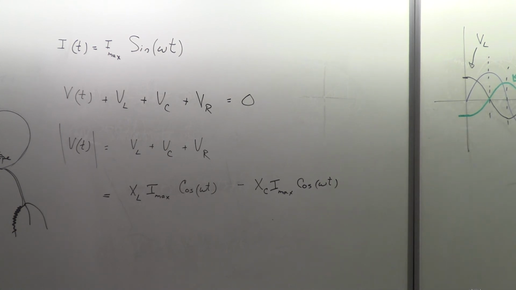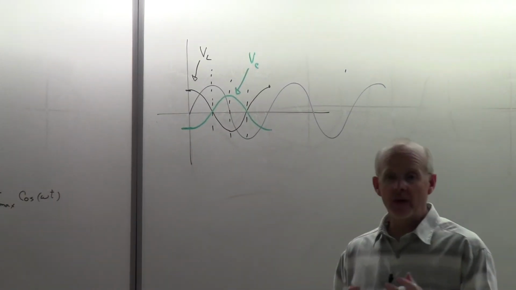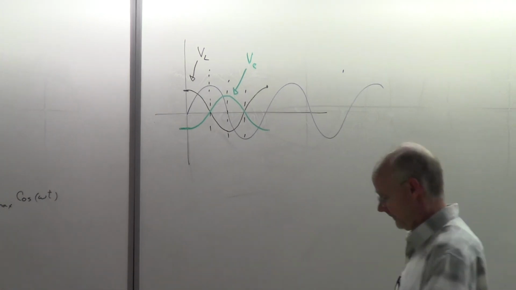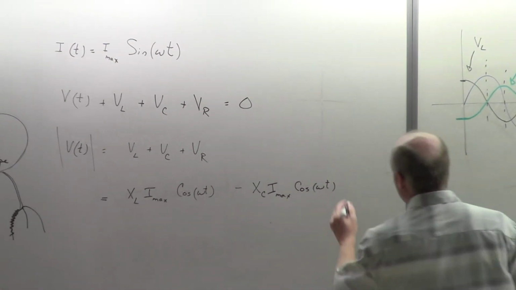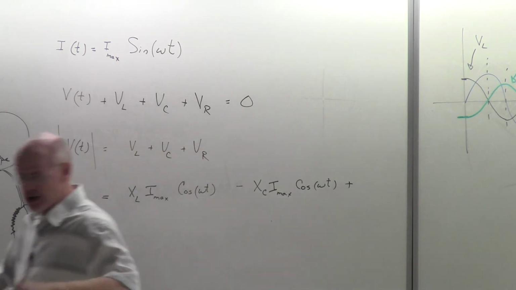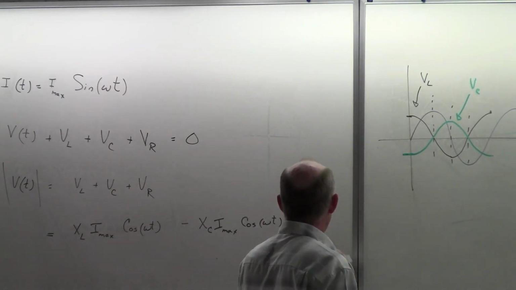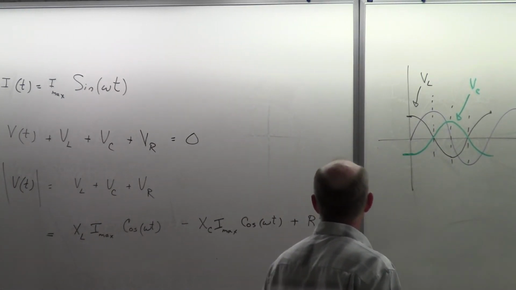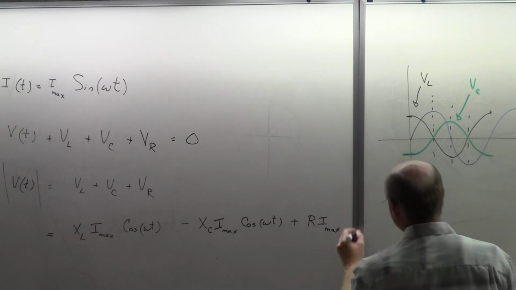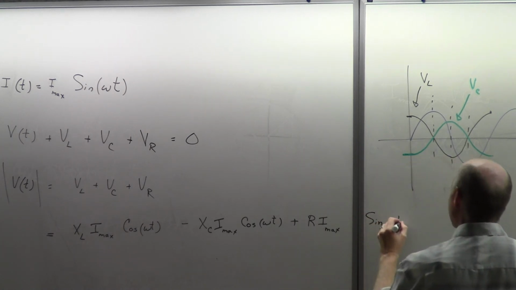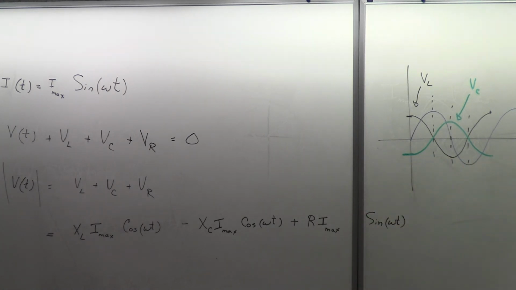And then finally, what's the voltage on the resistor? Well, that hopefully is the easiest one. Voltage on the resistor is just the resistance times the current times sine omega t.